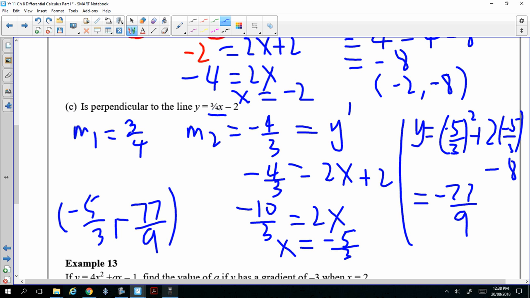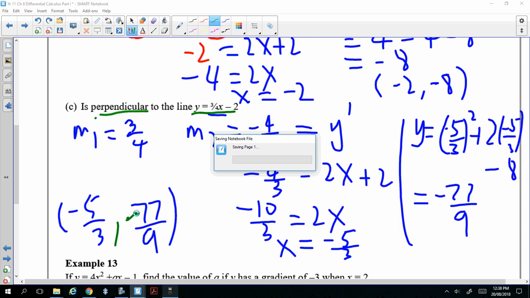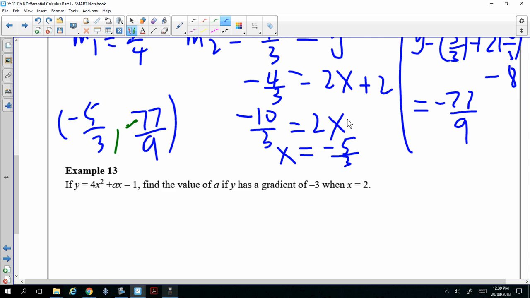Okay, done. One more question. Find the value of a if y has a gradient of negative 3 where x is 2.